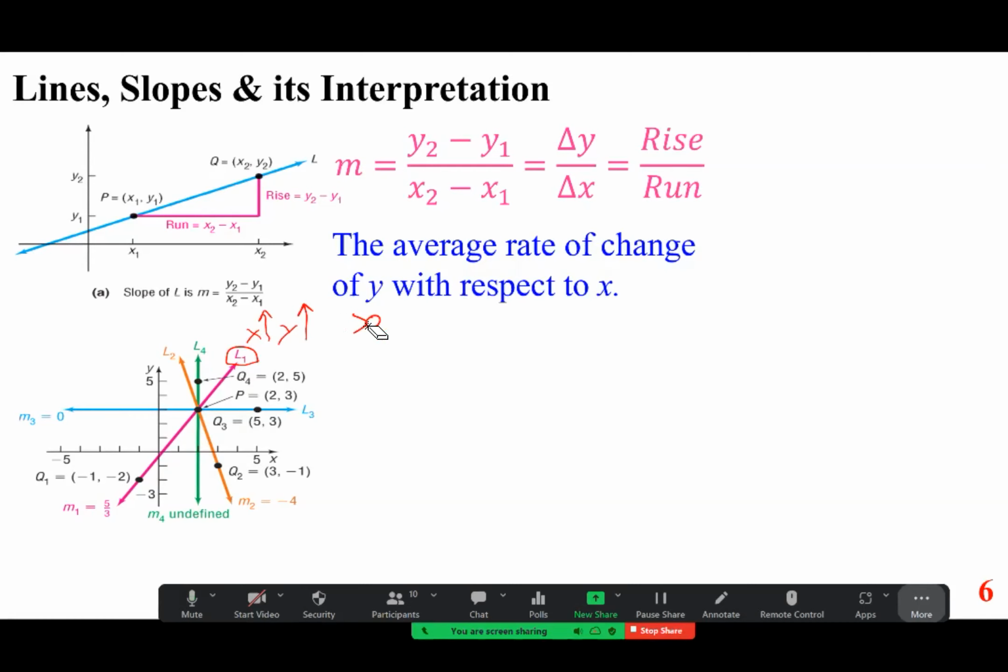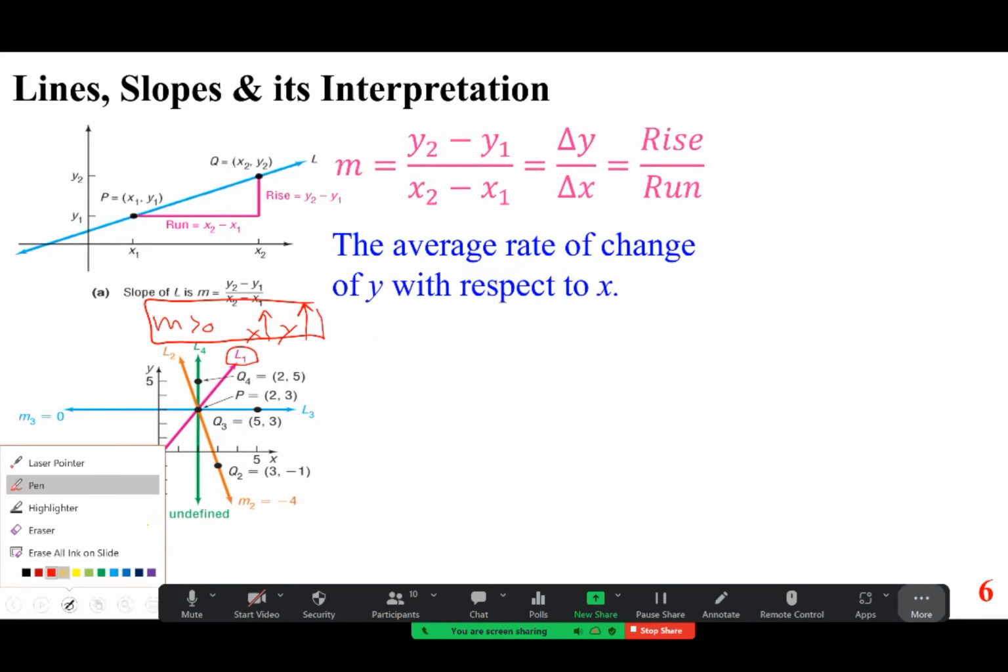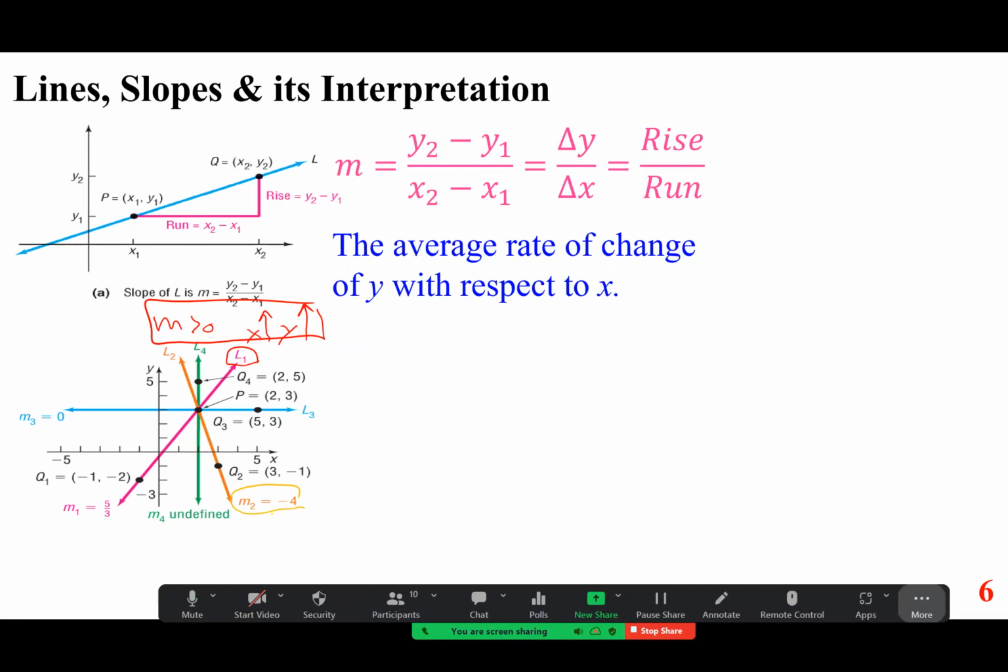Maybe I write it on the left, so I need this space. So positive slope means this. If you look at this line, negative slope, when x gets larger, y gets smaller.